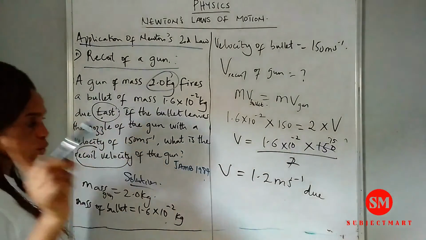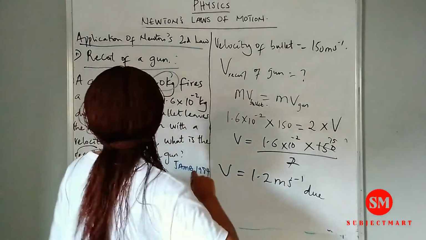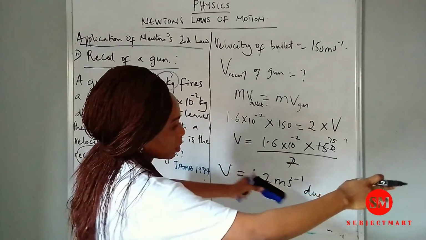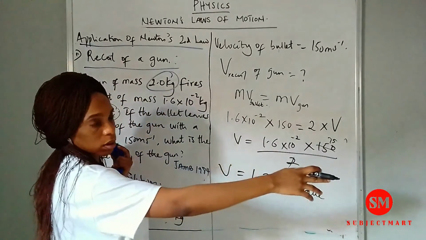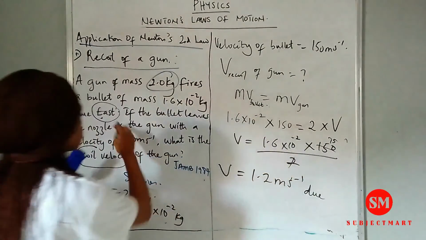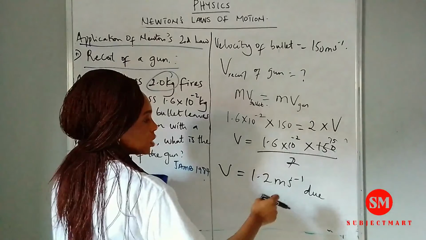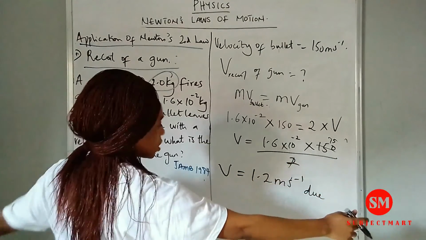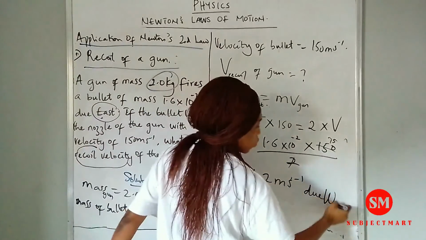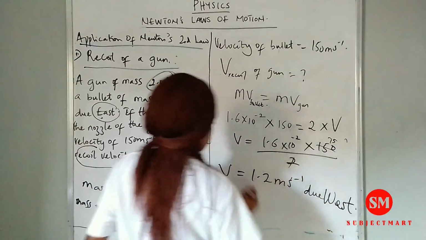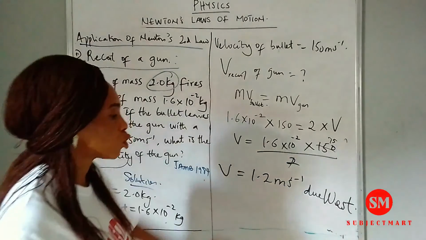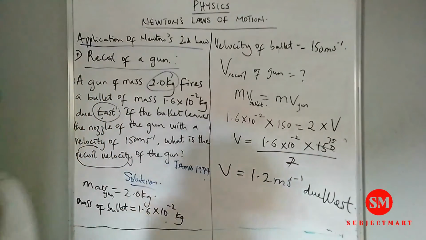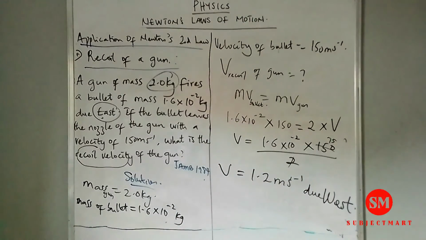I told you that the bullet is acting forward while the gun is acting backward in the opposite direction. So if the bullet is acting to the east, then the opposite direction of east will be west. So the required velocity will be 1.2 meters per second due west. I hope that is very explanatory.